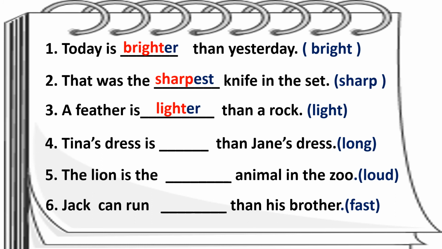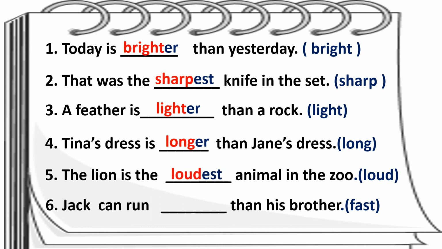Tina's dress is longer than Jane's dress or longest than Jane's dress. You are comparing two things, Tina's dress and Jane's dress. So we say longer. The lion is the louder animal in the zoo or the loudest animal in the zoo. You are comparing the lion with all the animals in the zoo.